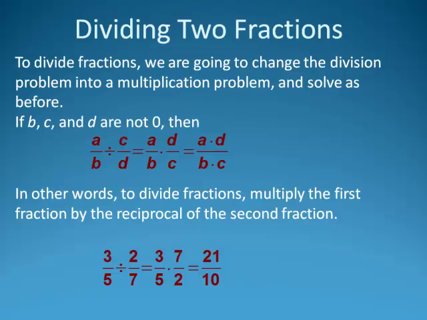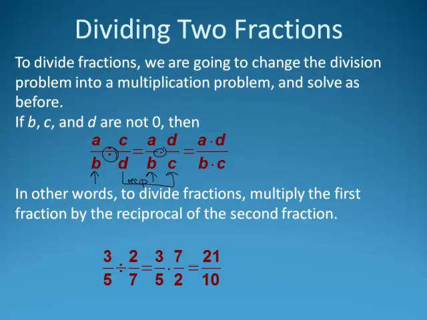If you have a problem a over b divided by c over d, that's equal to taking the first fraction and leaving it alone. Notice we don't change the first fraction. Then we change division to multiplication, and that works only if we take the reciprocal of the second fraction. Notice we flipped it over. c over d became d over c.